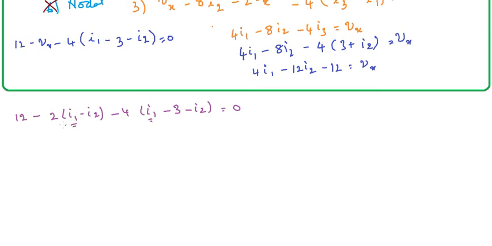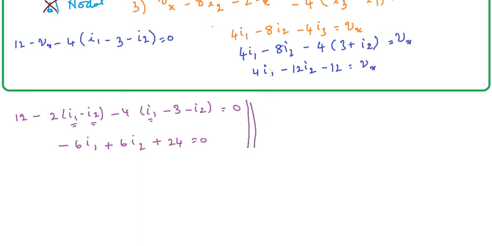I1 minus 2I1 minus 4I1 will be minus 6I1, and this is plus 2I2, this is plus 4I2, so plus 6I2. Similarly, this is plus 12 and this is also plus 12, so it will be plus 24 equal to 0. So this is one equation.